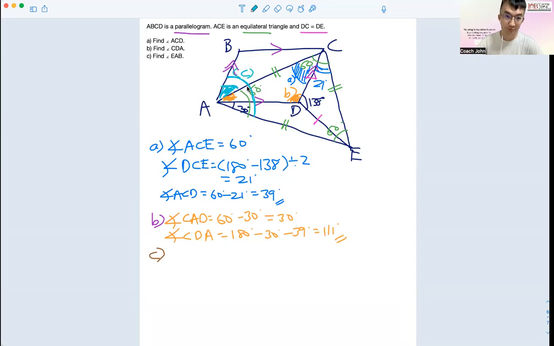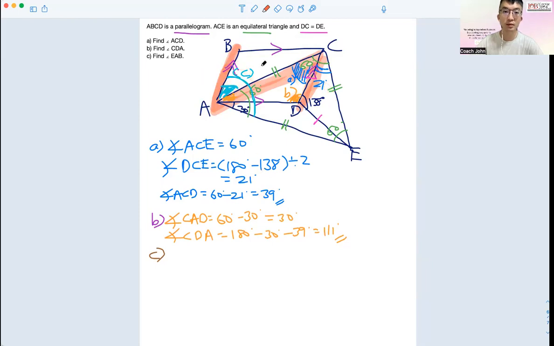Can you see a letter N or Z running on the side, with parallel lines? Which means that this angle, which is from part A, equals this angle, which is 39.